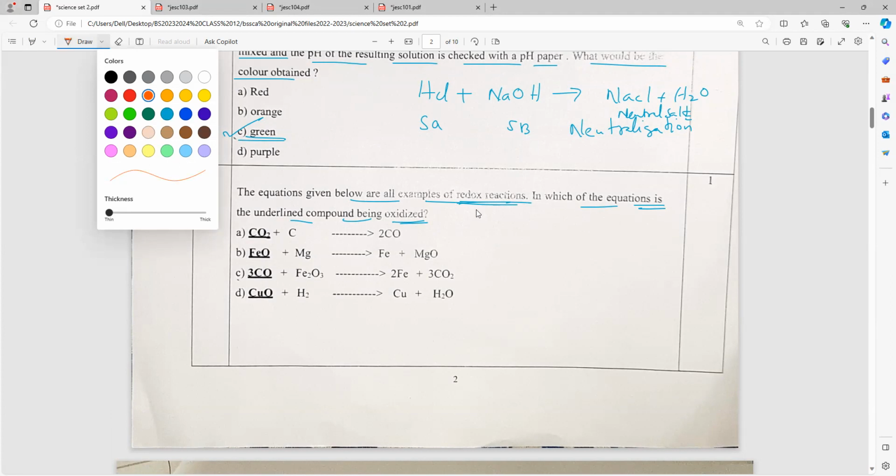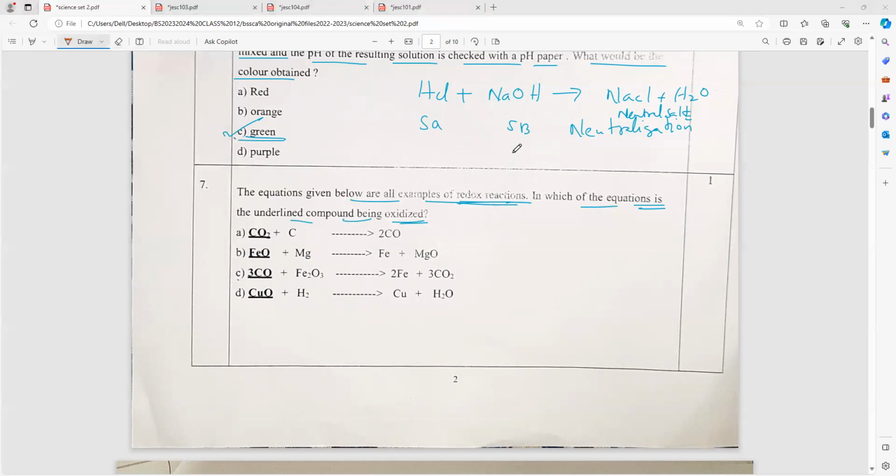The substance which is being oxidized. What do you mean by oxidize? Oxidation means either addition of oxygen or removal of hydrogen. So that is what we used to say.